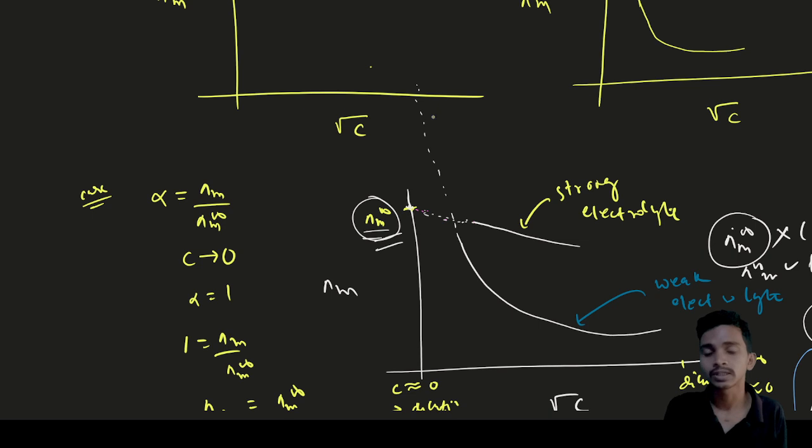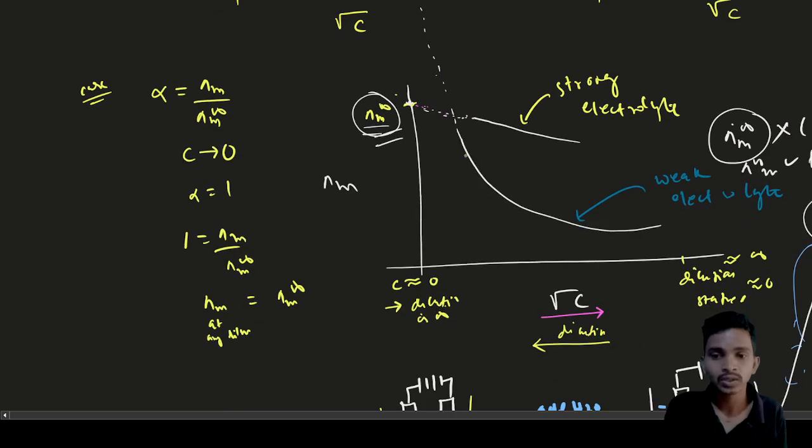However much you extrapolate, it goes parallel. But for a strong electrolyte, if we extrapolate, then we can find the molar conductance at infinity value. So with the help of strong electrolytes we can find the value for weak electrolytes. That is what is called Kohlrausch's law.